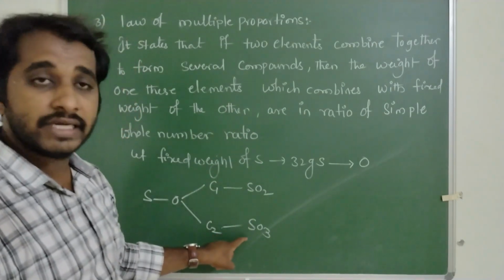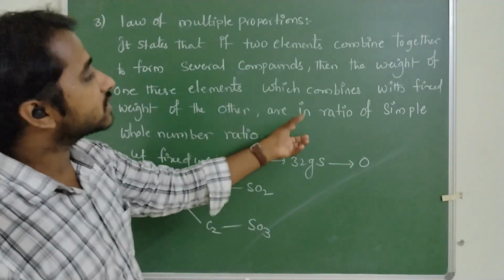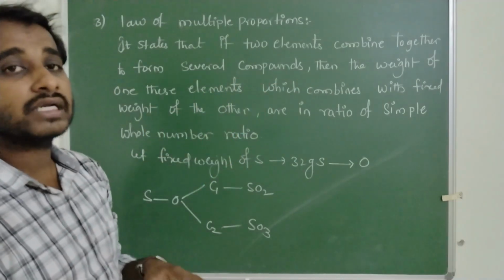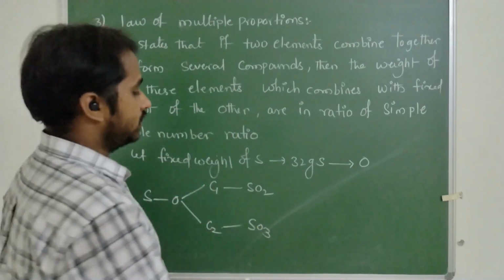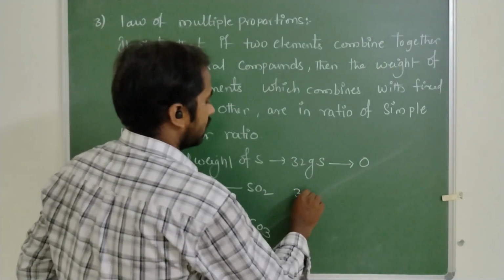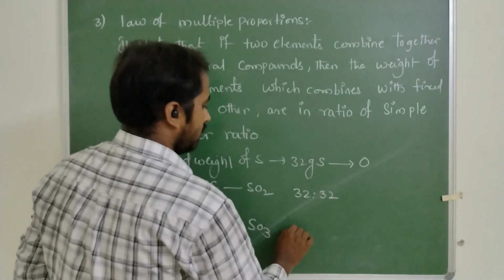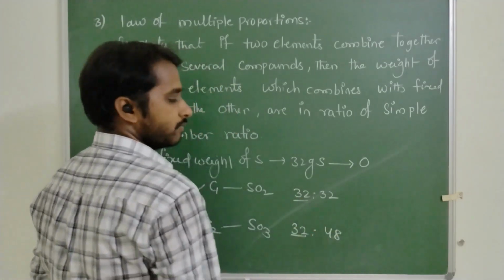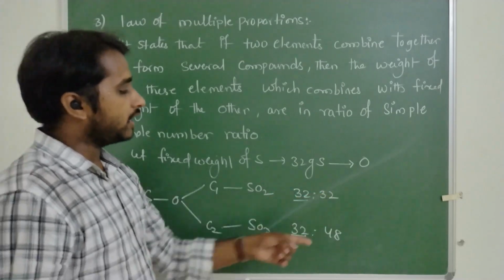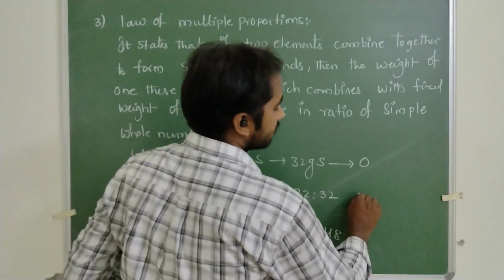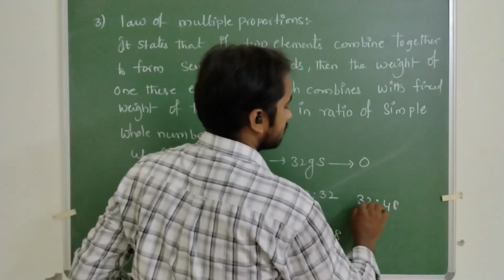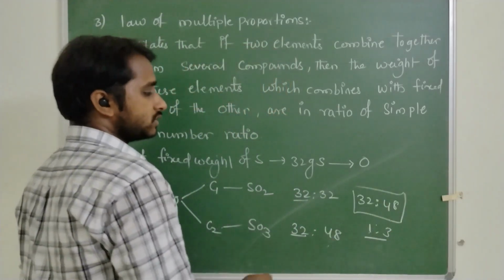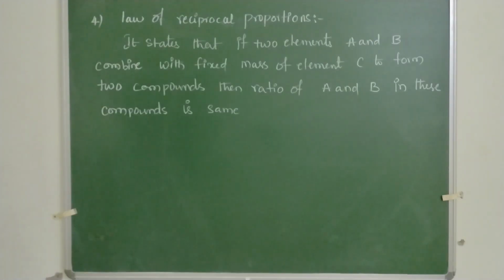What is the fixed weight element here? Sulfur, which combines with the other element, oxygen. So in the first case it is 32 is to 32 and here 32 is to 48. So the fixed weight is sulfur, and the remaining oxygen weights, 32 is to 48, are in the 2 is to 3 ratio.